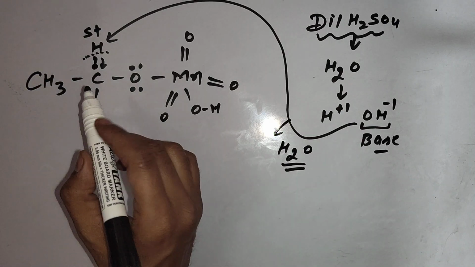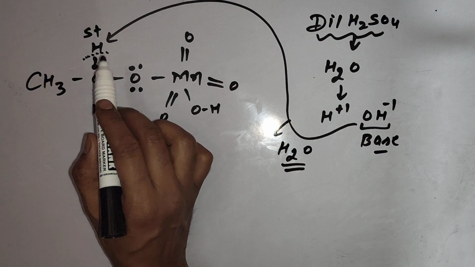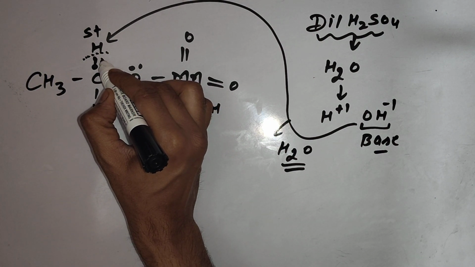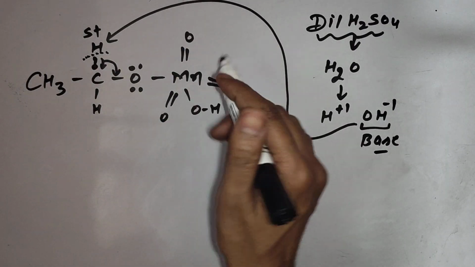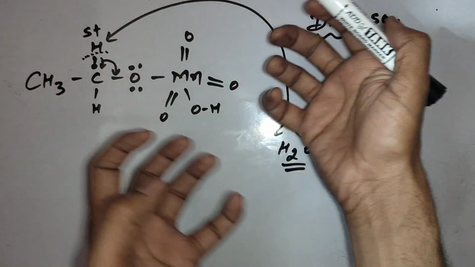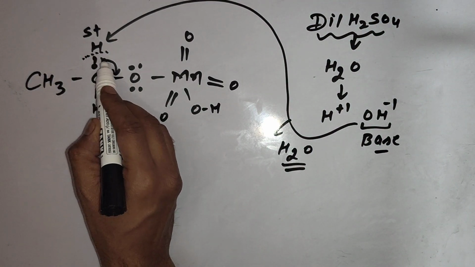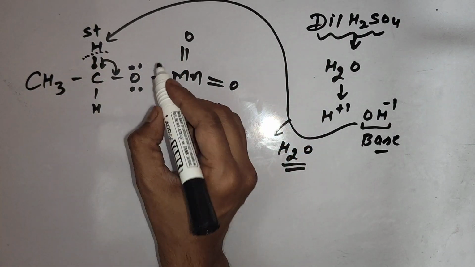Now, because this carbon will get an extra pair, a negative charge, to stabilize itself, it will transfer this pair toward oxygen like this, because oxygen is more electronegative and this whole group is highly electronegative. It is attracting electrons. So the pair of electrons which carbon has will be shifted toward oxygen, and we know oxygen can make a maximum of 2 bonds.